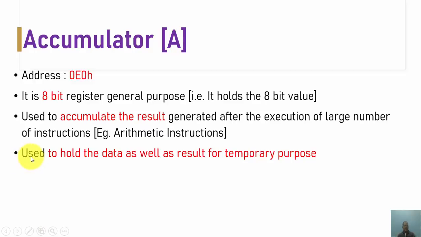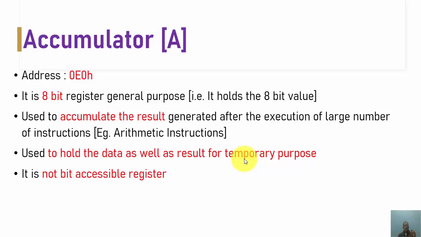As said, it is used to hold data as well as a result for temporary purposes. You can store any data for temporary purposes, or by default the result gets accumulated into the accumulator. And the most important point: it is not a bit accessible register. No doubt the accumulator is an 8-bit register.